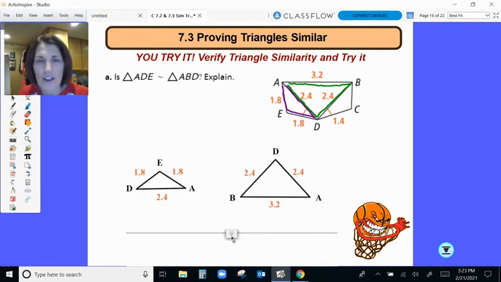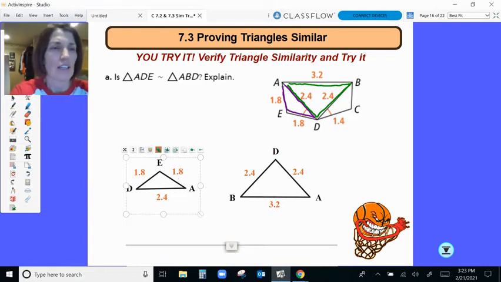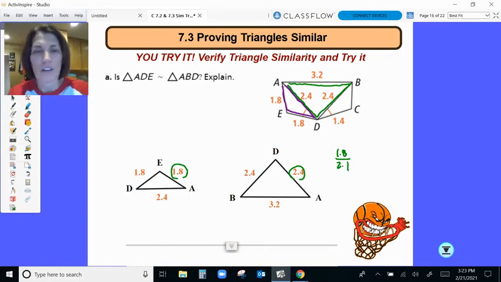Okay, so these are the two triangles right here. I pulled them apart and wrote all the vertices and the measurements on them. We need to see if we have the same ratio: 1.8 over 2.4, and we have the same one twice. Is 1.8 over 2.4 the same ratio as 2.4 over 3.2?